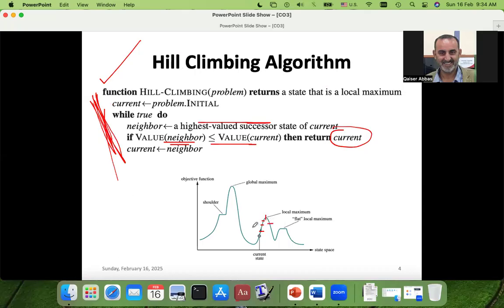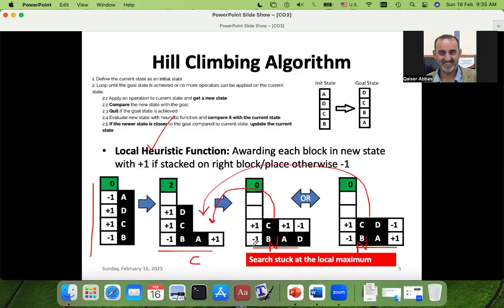This point is the next highest successor. This point is the next highest neighbor. In the downward direction, this is also a neighbor of this point, but hill climbing does not go in the downward direction. It always moves in the upward direction.